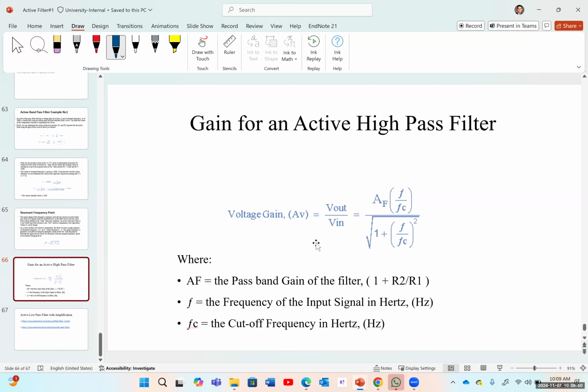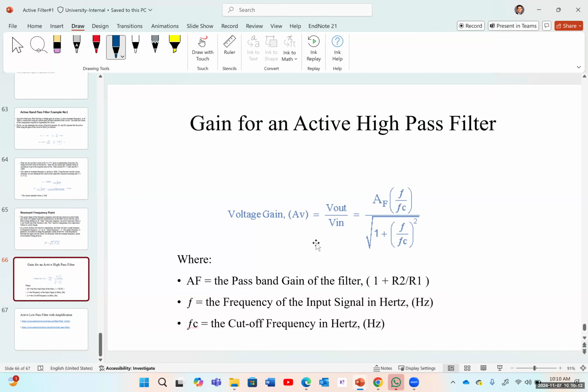Now, the gain for an active high-pass filter looks like this. The voltage gain AV would be equal to V out over Vin, which is equal to AF times F over FC over square root of 1 plus F over FC squared.